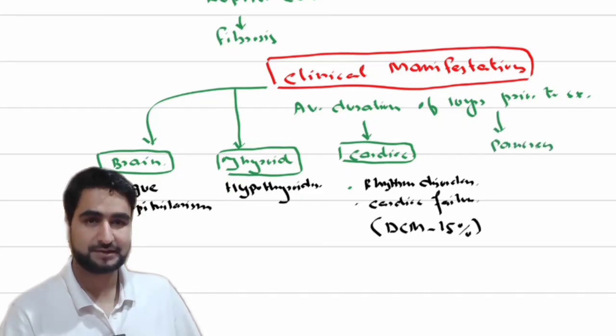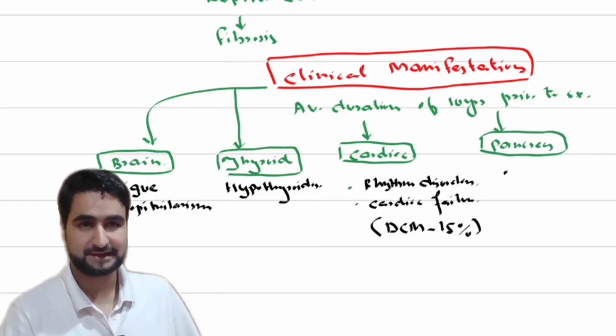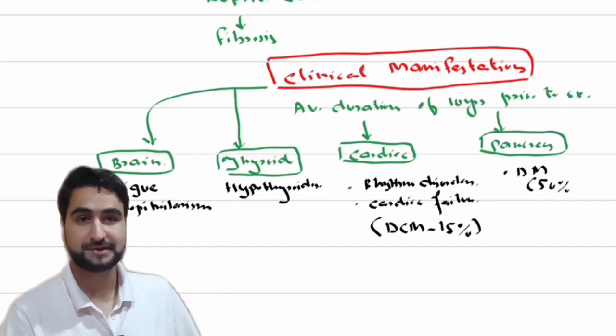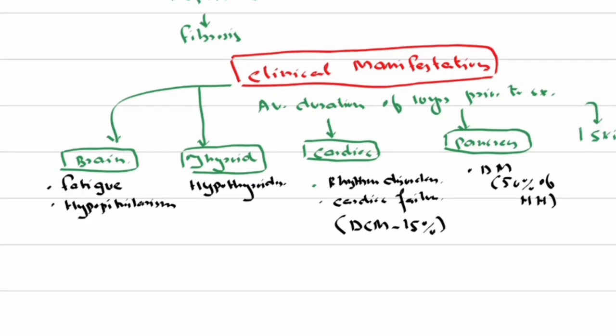And due to deposition of iron in the pancreas, the patient may have diabetes mellitus, and it may be present in 50% of patients with hereditary hemochromatosis. Due to deposition of iron and melanin in the skin, there are skin changes like melanoderma, skin dryness, and hyperpigmentation. The condition we call bronze diabetes.